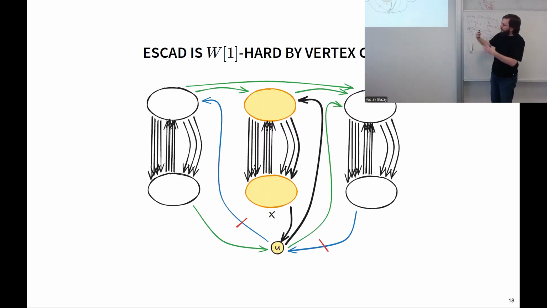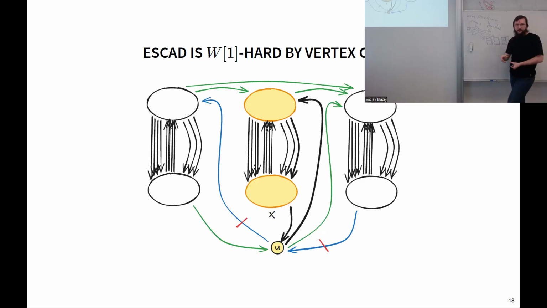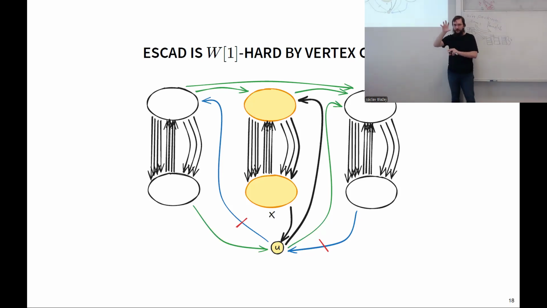Now, each bin is the familiar imbalance gadget. So we have two vertices that are well connected, and you have many edges that go just forward, and that models the capacity of the bin.